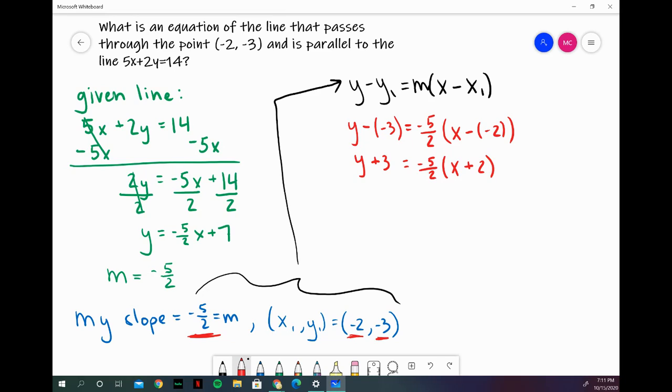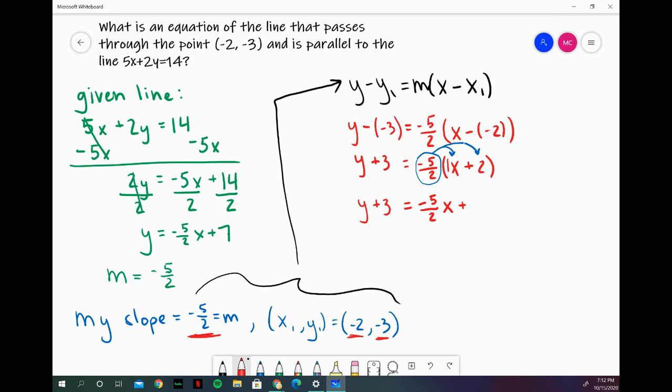Now I need to distribute, which means multiply, this whole fraction into the parentheses. I'm going to multiply both things by -5 over 2. That is going to give me y plus 3 is equal to -5 over 2 times x. Remember, there is a 1 in front of that x, so it's 1x.